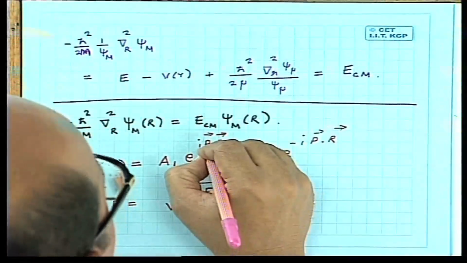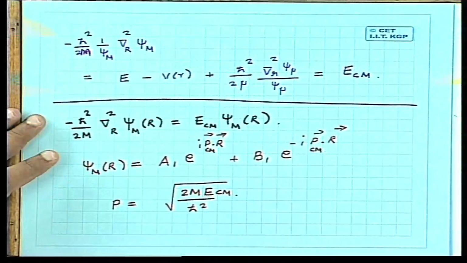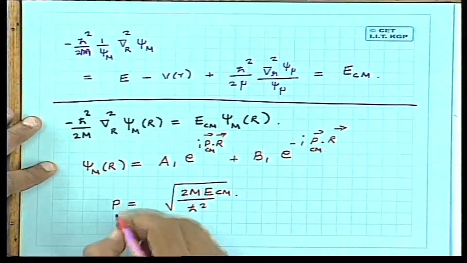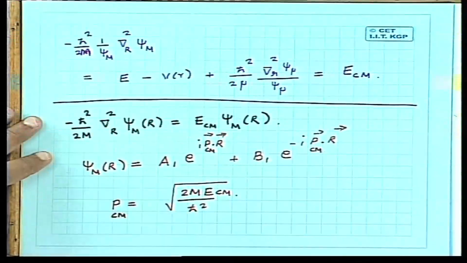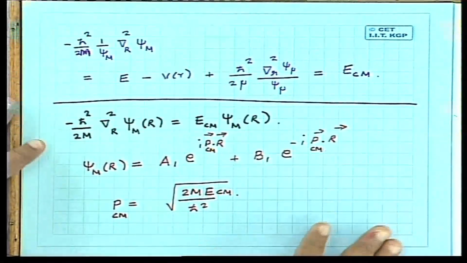Here I can put a CM also, center of mass. So this is P, center of mass. So the center of mass behaves like a free particle which can move with a particular momentum in some direction, and you can construct states by superposing wave functions with different values of momenta, and the center of mass motion is decoupled from the rest of the motion.